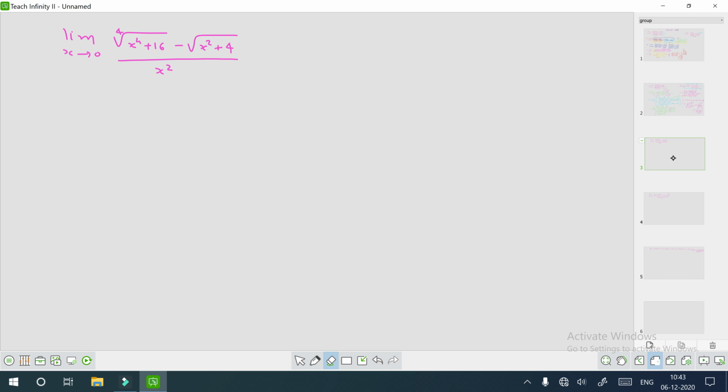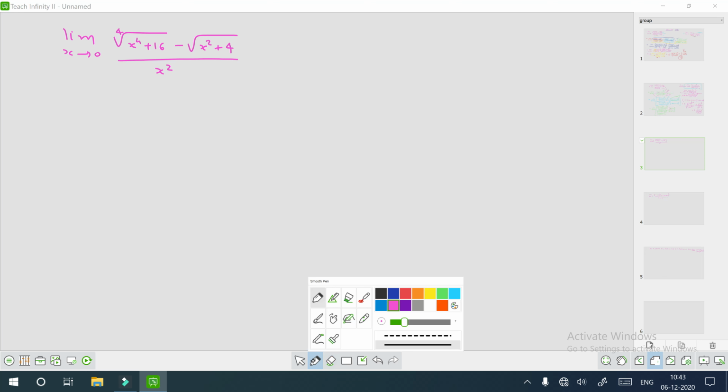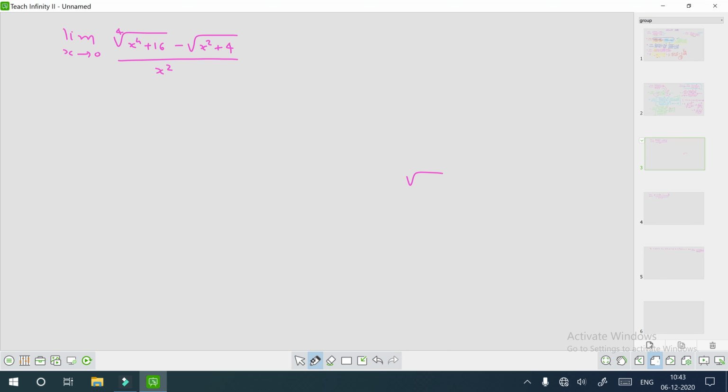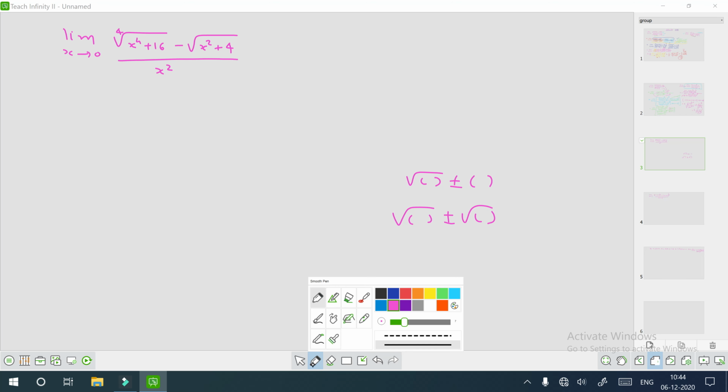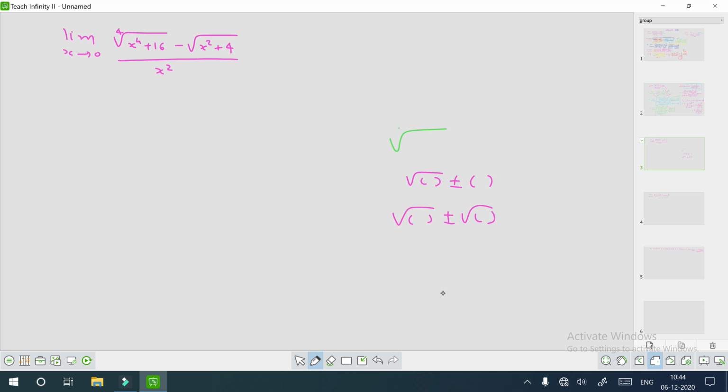Now see here, once again one more typical sum. See, we already discussed that whenever either the numerator or denominator quantity is of this form, then we have to rationalize. But whenever the fourth root of some function minus the square root of some function is given to us, then rationalize 2 times.